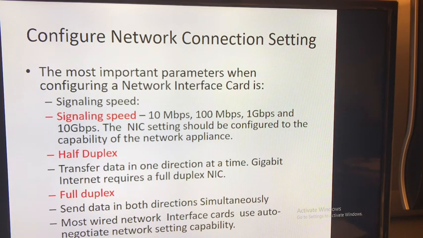However, in order to have that speed, it is not only buying that type of speed from a service provider. It is not only having a switch that can deliver that speed, but also having a good network interface card that can provide that type of speed, and also a cable that can support that type of speed.